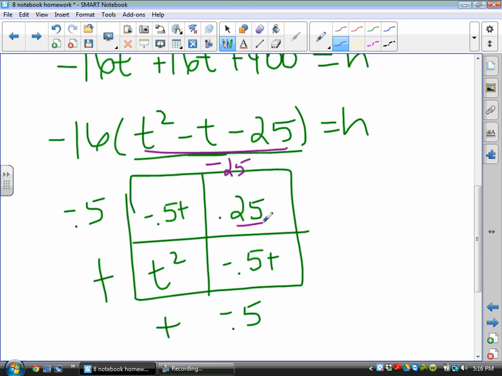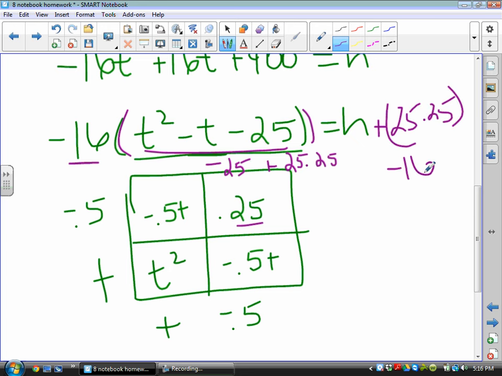I need to get to positive 0.25. So I'm going to need to add 0.25 to that side. So that would be kind of inside my parentheses. Now, my parentheses are being multiplied by negative 16. So instead of just adding 0.25 over here, I need to add that times negative 16, because that's what I pulled out from everything.